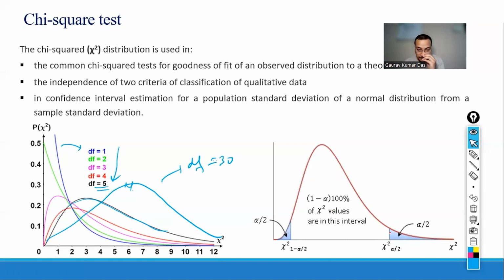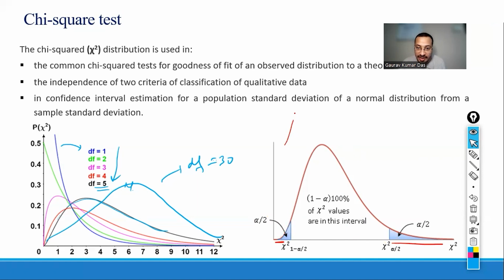Here, on the right-hand side, the skewness is high, whereas on the left-hand side it is less skewed. So this distance will not be the same, of course, because it is not symmetrical. But this area will also be alpha by 2, and this area will also be alpha by 2.